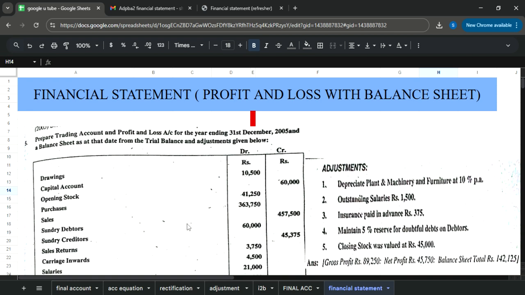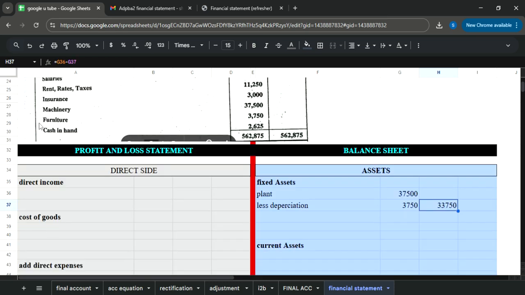Look here, there is depreciation on furniture as well. Now we will see the amount of furniture. Here furniture is also present, 3750. As usual you will come over here and write furniture, the amount of which is 3750, and now you will calculate its depreciation as well.